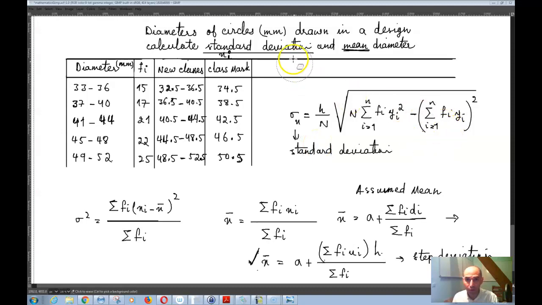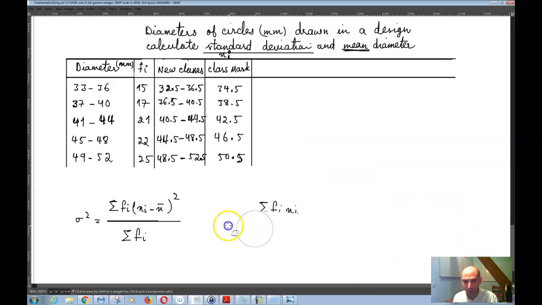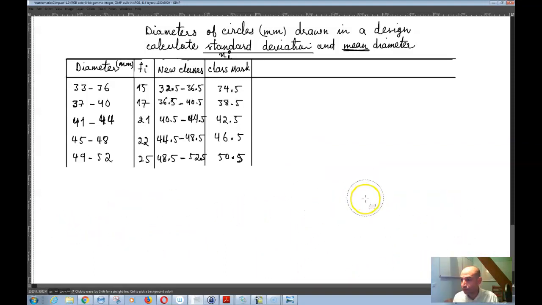As long as you want to calculate mean and standard deviation, or mean and variance, or even if the only thing you want to calculate is variance, that shortcut method seems to be the best one. So let's use the shortcut method.